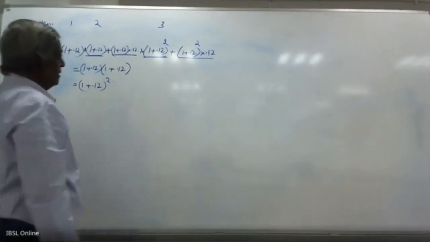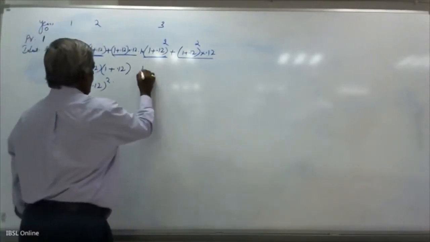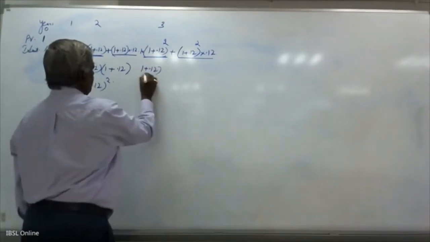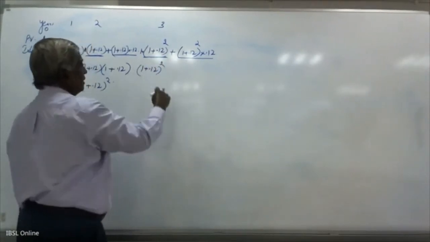So factorization: take out the common factor, 1 plus 0.12 to the power 2.